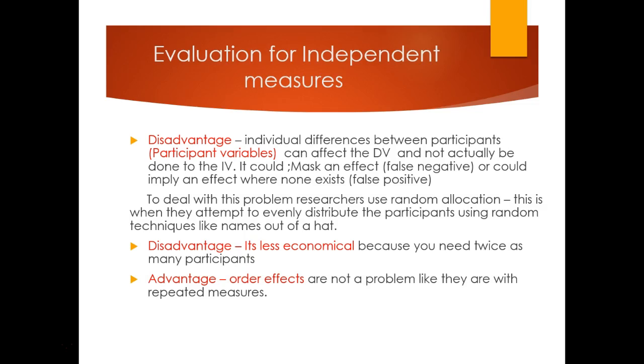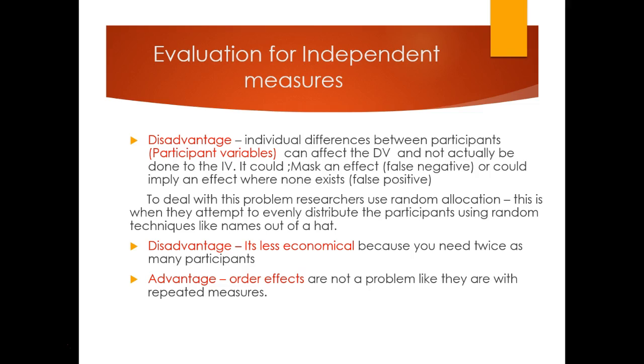So let's look at the evaluation for independent measures. The biggest disadvantage of independent measures is that in each group you have a totally different set of people. Therefore, the individual differences, so the differences about them, could actually be what affects your DV, and we call this participant variables.